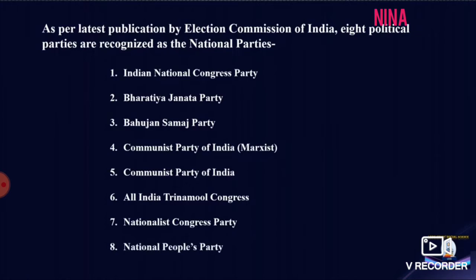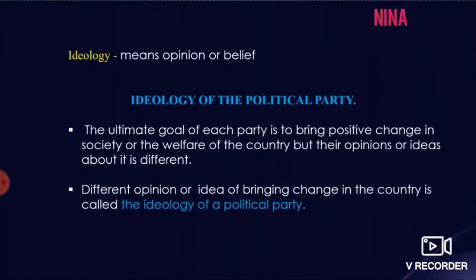Then the fifth one is Communist Party of India. Sixth one is All India Trinamool Congress. Then there are the Nationalist Congress Party and the National People's Party. Now we'll see each party in detail as given in the textbook.